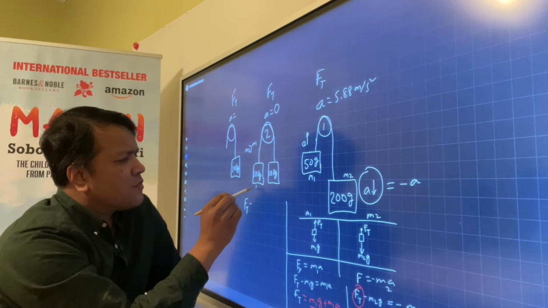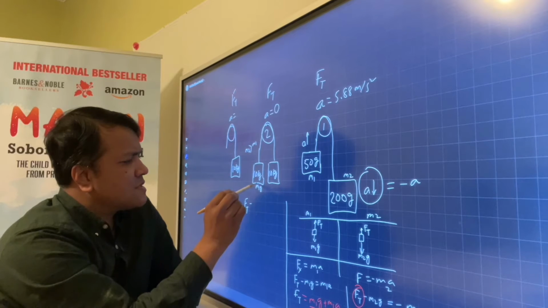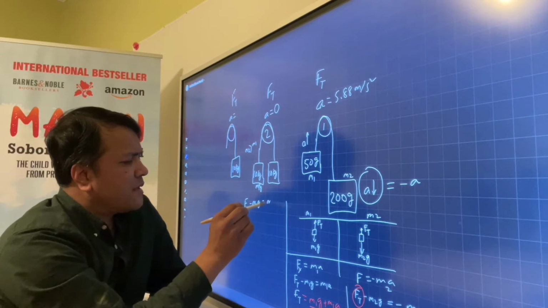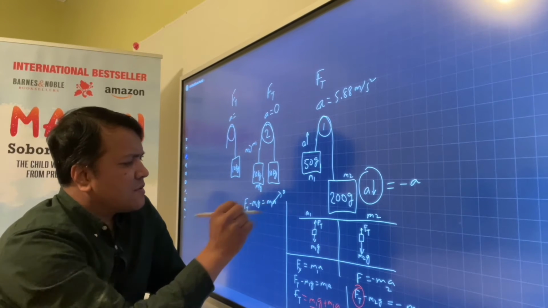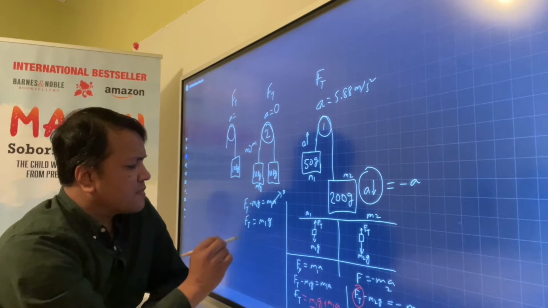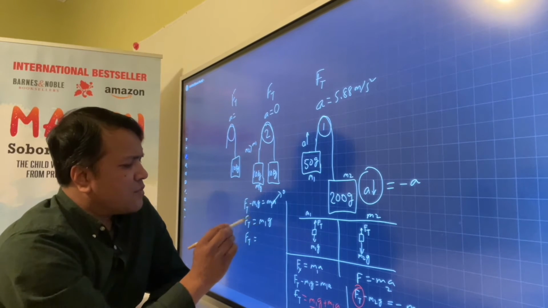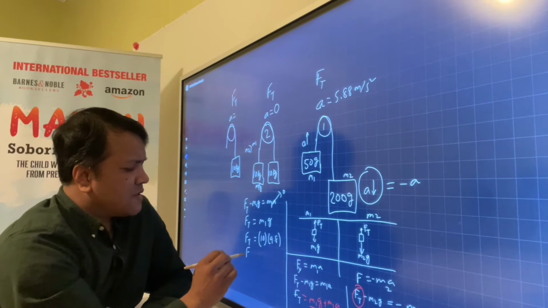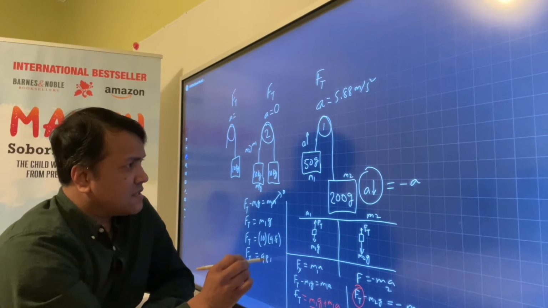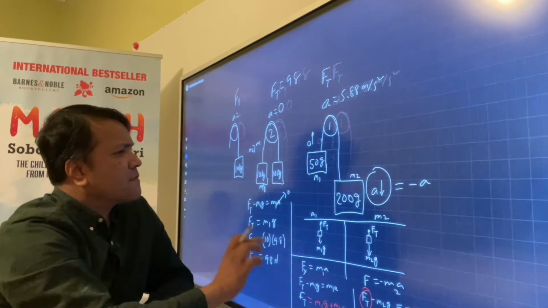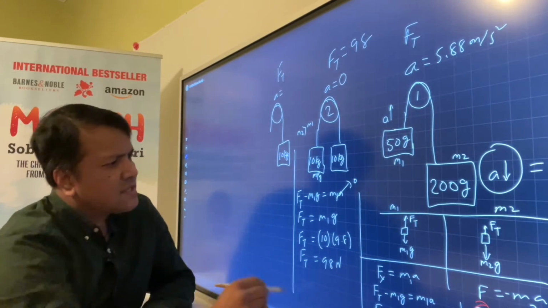This one is m1g minus m1g is equal to ma. A is 0, right? m1a. So Ft is equal to m1g. So Ft is equal to m1, which is of course 10, g is 9.8. So Ft is 98 Newton. Ft is 98 Newton.